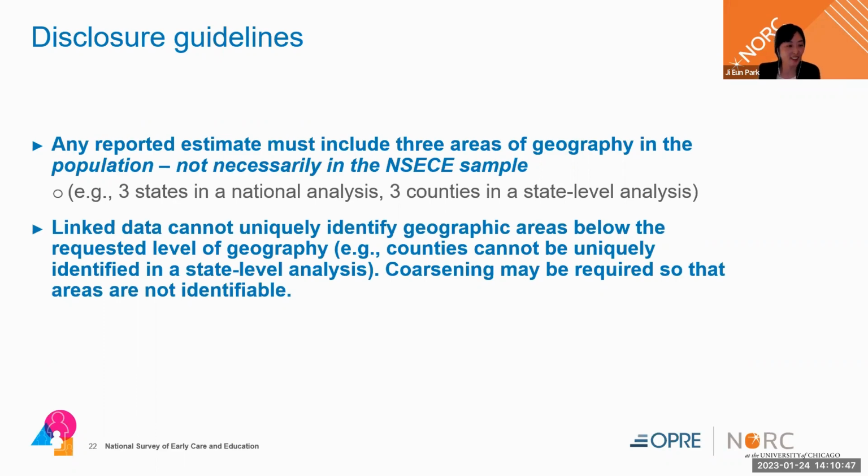Sure. So the public use data do not have any geographic identifiers other than the 4 census regions. They do have some linked ACS, American Community Survey data on poverty, density, and urbanicity and things like that. But in general, other than the 4 census regions, there are no geographic identifiers.